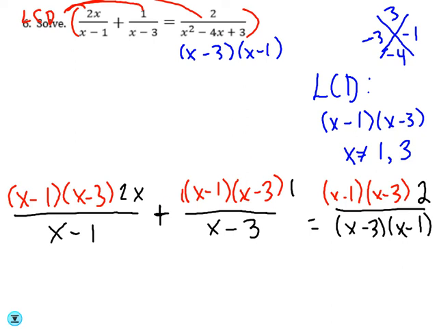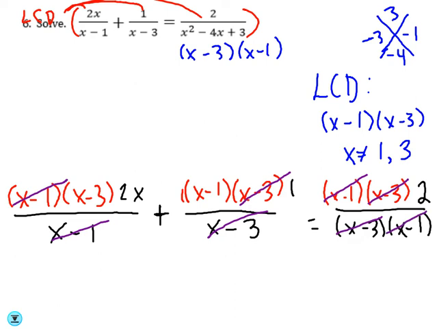So in this first fraction, we can clearly see that the x minus 1s are going to cancel. In the second one here, I have the x minus 3s that are going to cancel. And then in the last one, both of them are going to cancel.